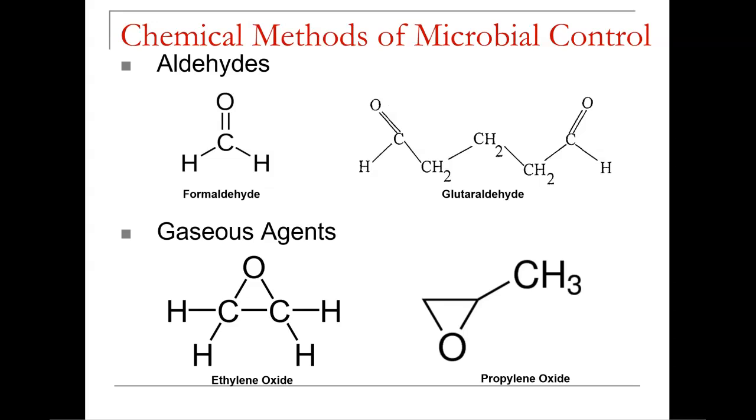Gaseous agents, things like ethylene oxide and propylene oxide, have a level of activity that's going to be high, and their mode of action is to denature proteins. And then you have enzymes. Their level of activity is also going to be high, and their mode of action will also be to denature proteins.